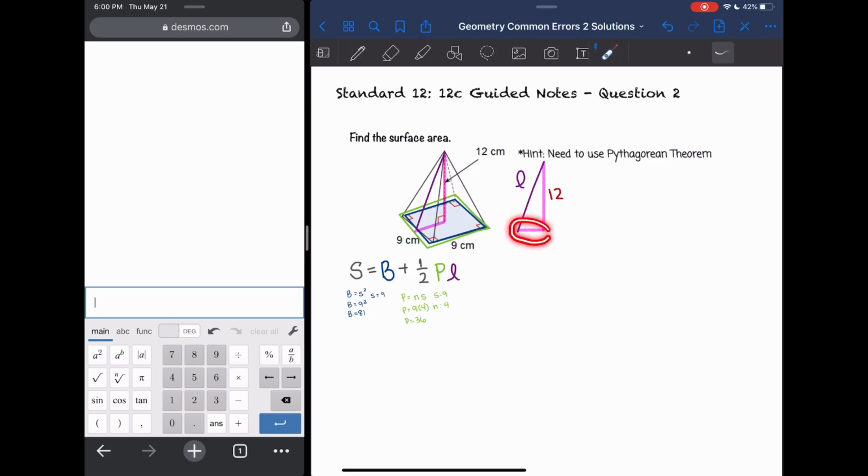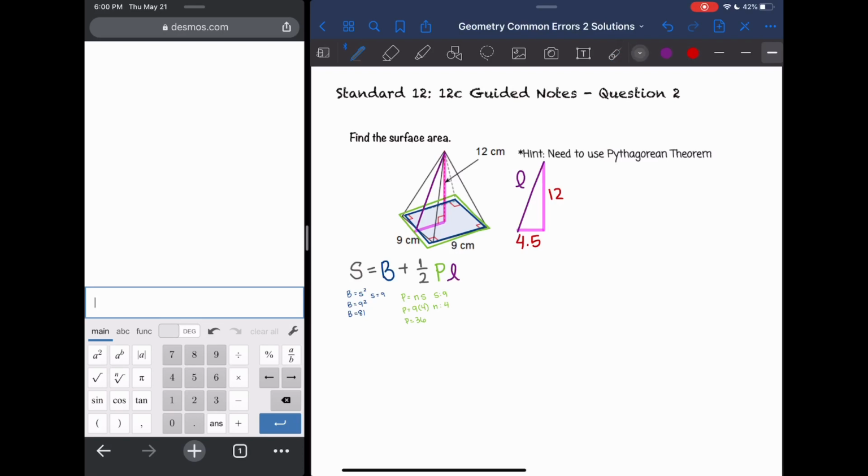If we're looking for the measure of the base, we can notice that that segment goes halfway across the square, so it is half of the side length, and half of 9 is 4.5. Now with this right triangle, we can solve for the missing piece using the Pythagorean theorem.